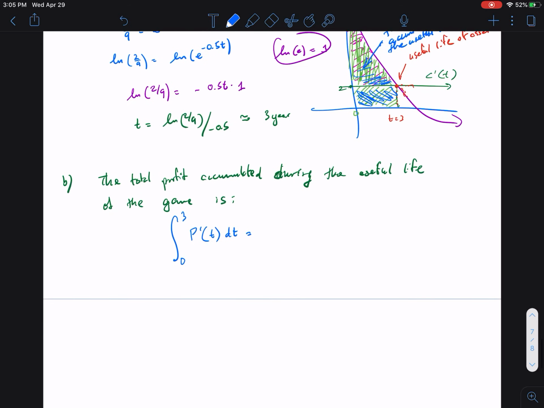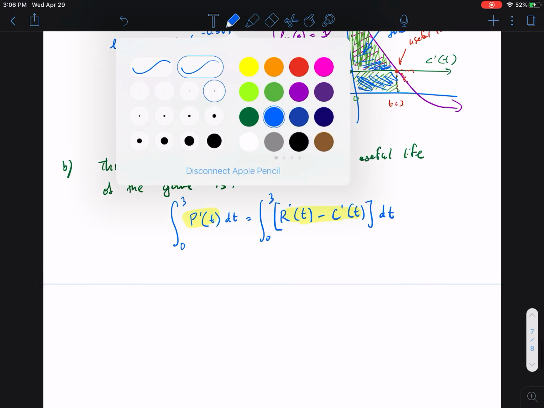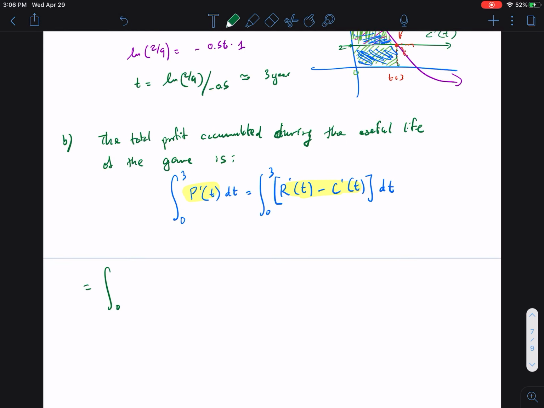In the previous chapter we learned that marginal profit is R prime of t minus C prime of t, so P prime of t is the same thing as R prime minus C prime. Okay, so now we can plug those functions in and integrate.